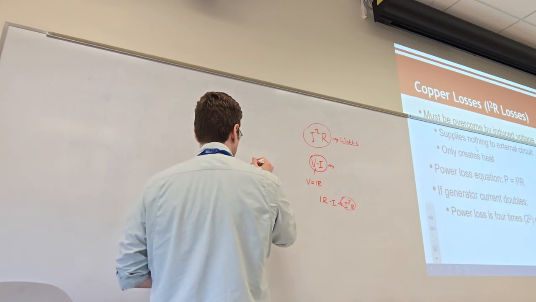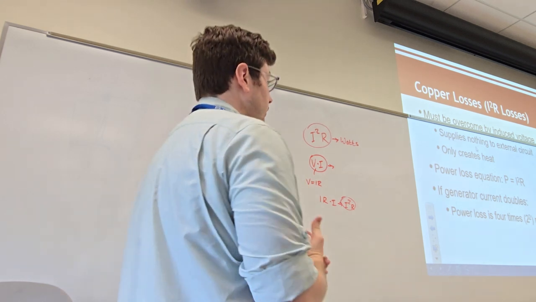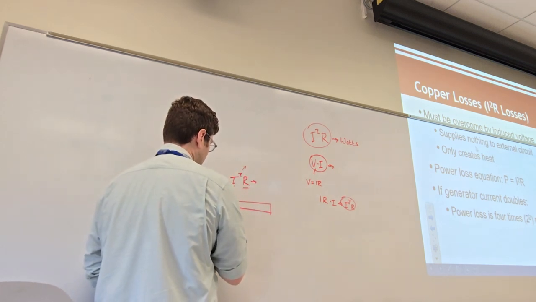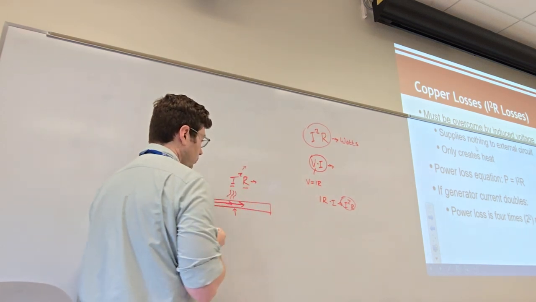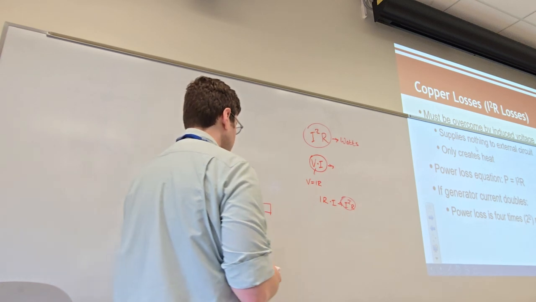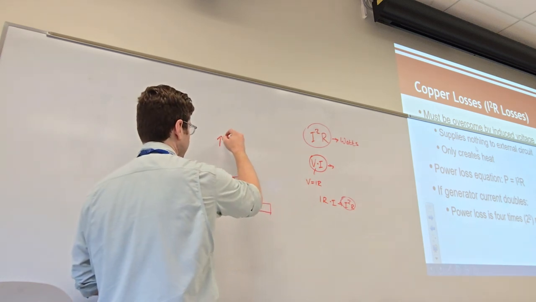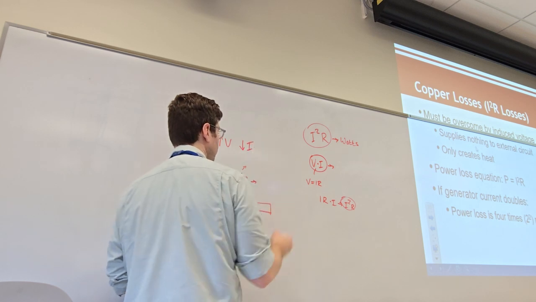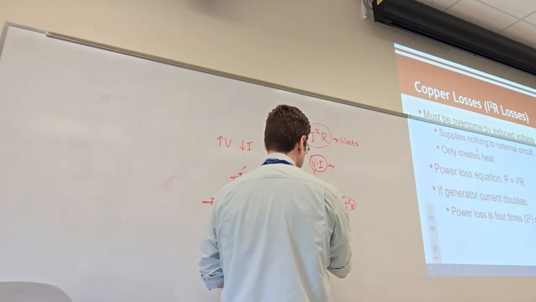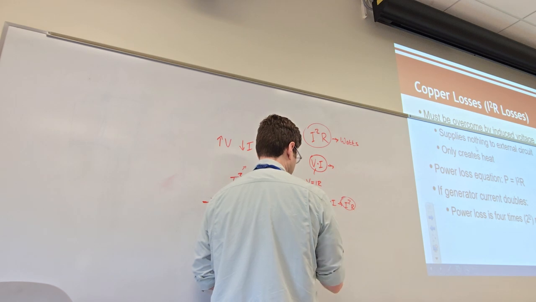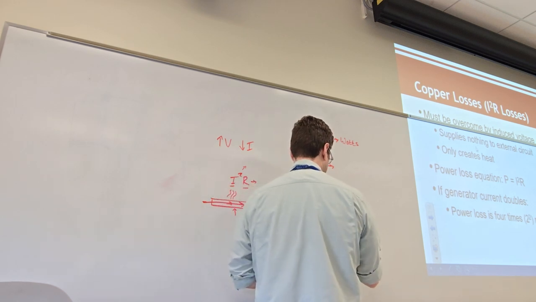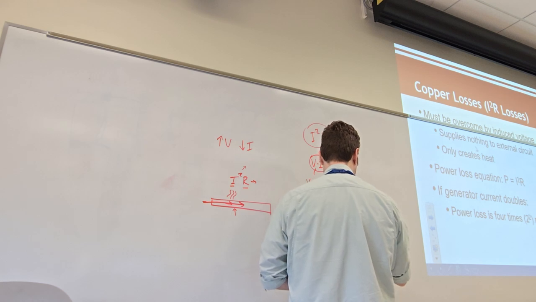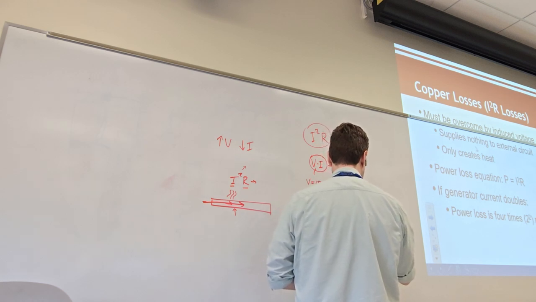The other one, and this will come into play later, is that when we want to send energy down a wire with minimal energy losses, we want high voltage and low current. I'm pretty sure I brought this up before, but this is the reason why power substations, like in your division or whatever, are super high voltage, right, 50,000 volts.